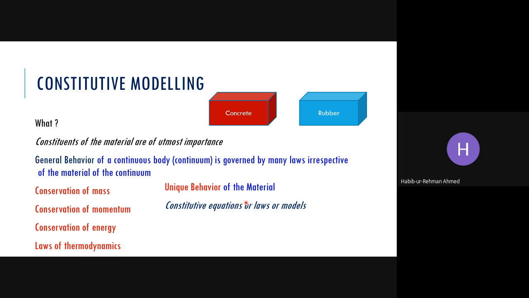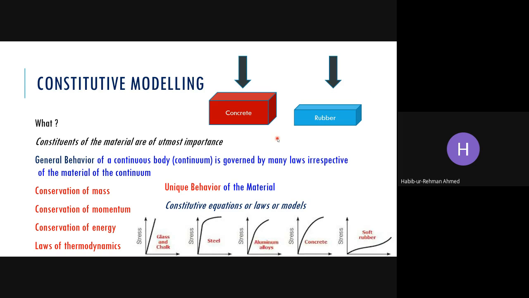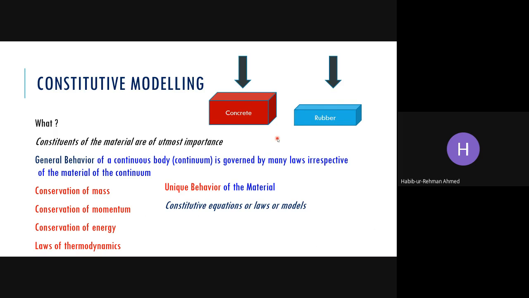Now look at one of the examples which I have just tried to sketch over here. You can see there are two bricks, one made of concrete and one made of rubber. Now if I apply the same load on both of them, what will happen? Concrete will deform only a little, but rubber will deform too much. So what is happening? All other laws are the same for these two bricks: the law of conservation of mass, momentum, energy, and thermodynamics.